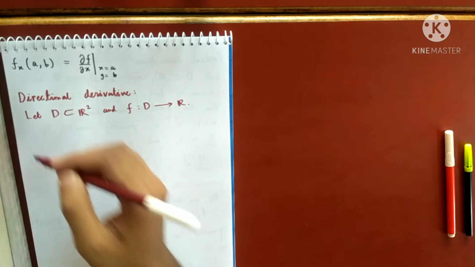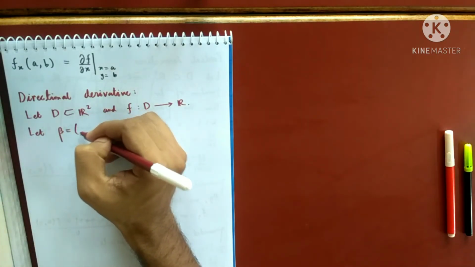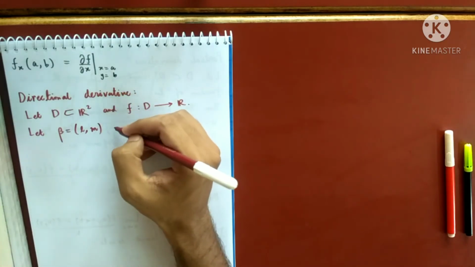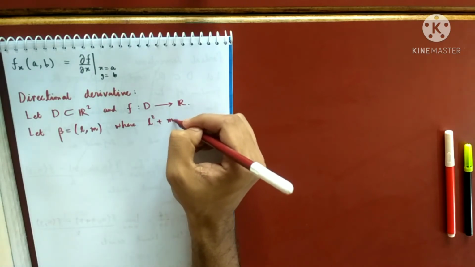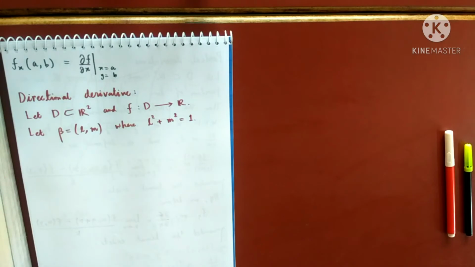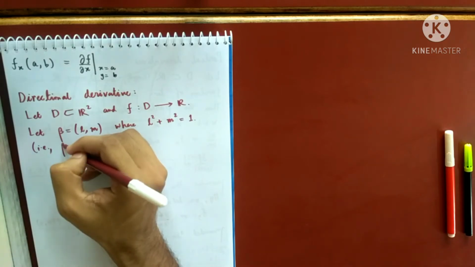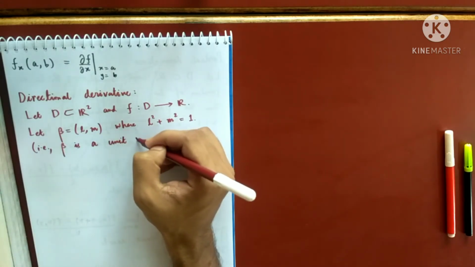Now what I will do, I will ask for a direction. Let beta equals to L comma M, where L square plus M square equals to 1. So in simple words, beta is a unit vector in R2.